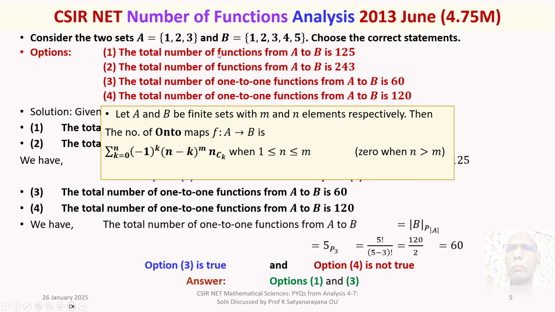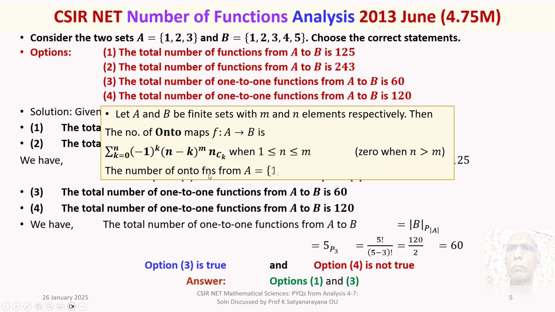So, in our question, the order of the codomain is 5, which is bigger than the order of the domain, 3. So, n is greater than m. Therefore, there are no onto functions.